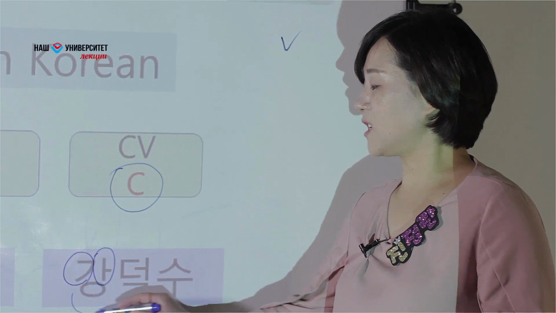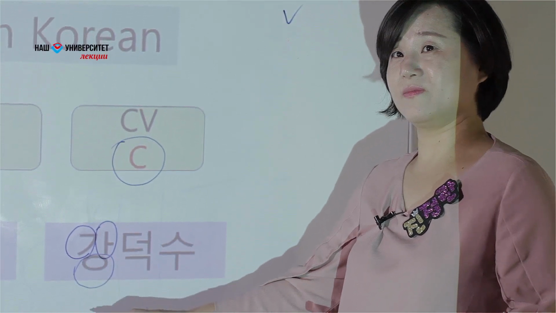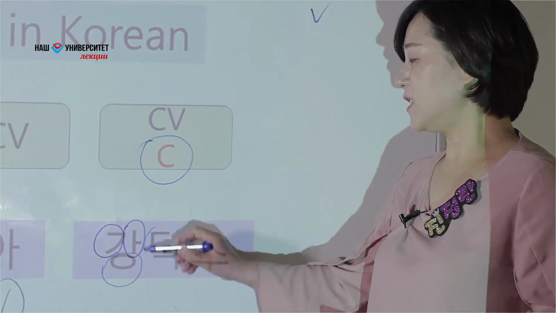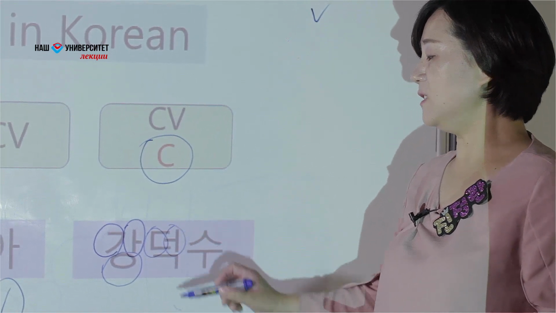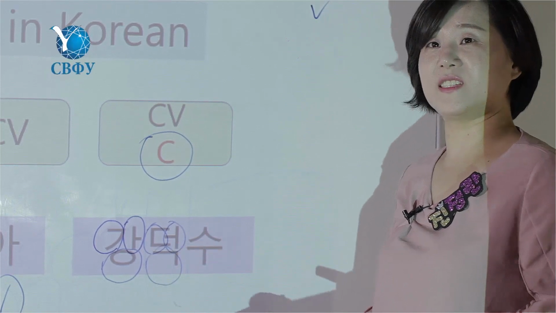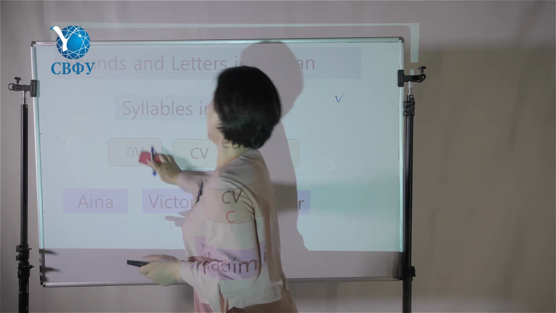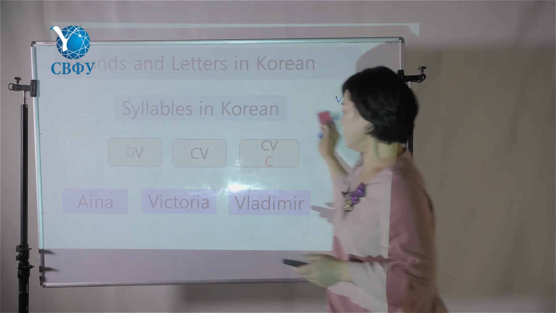So the last consonant comes at the bottom. Consonant, vowel, and bottom consonant. Now you understand how to make a syllable in Korean.